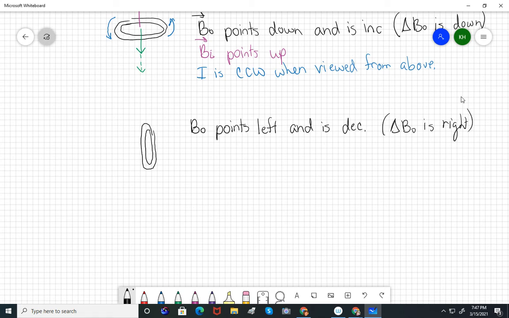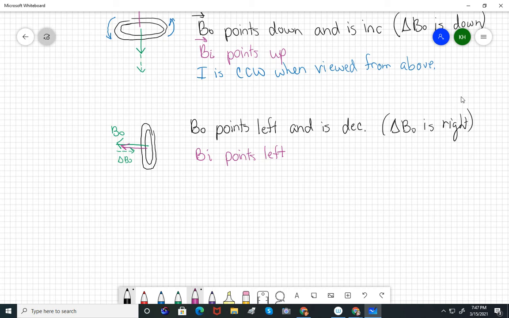So if I drew that, here's the original magnetic field, it points to the left, but it's decreasing, so our change is in the opposite direction. That means my induced field, BI, points left. It's trying to counteract that change and maintain the status quo.